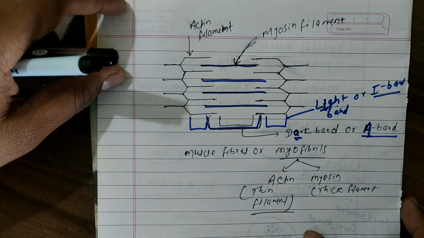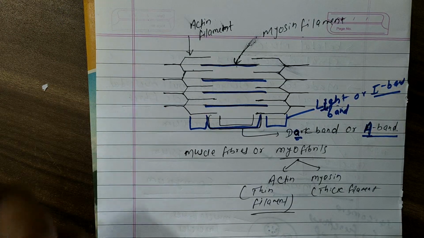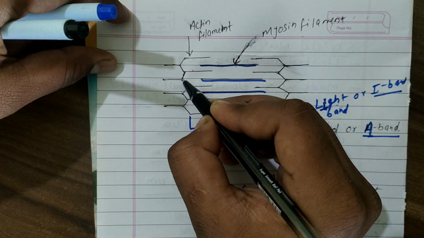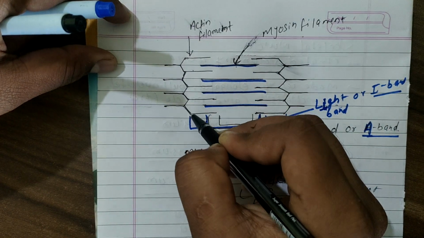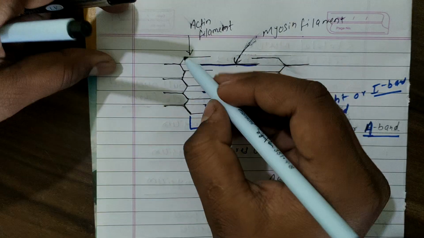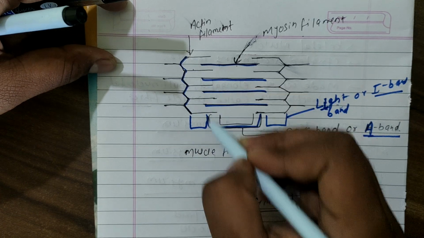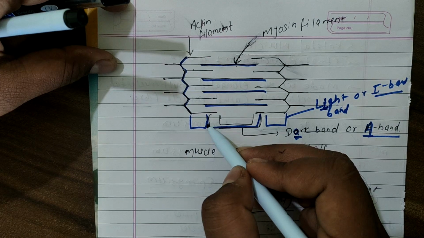And after that we will discuss the lines. See this zigzag line, it is the middle portion of the actin filament.